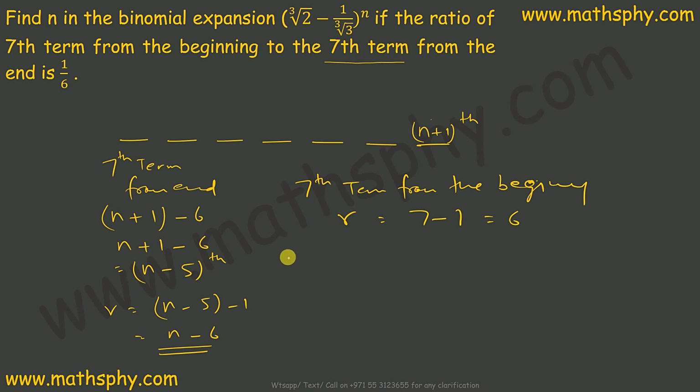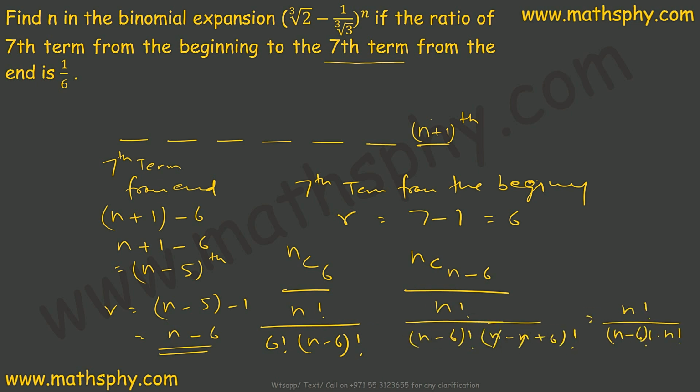If I do the expansion, the 7th term from the beginning would be nC6, and the 7th term from the end would be nC(n minus 6). If you expand nC6 and nC(n minus 6), they both will be equal. This will be n factorial over... means nC6 and nC(n minus 6) both are the same.